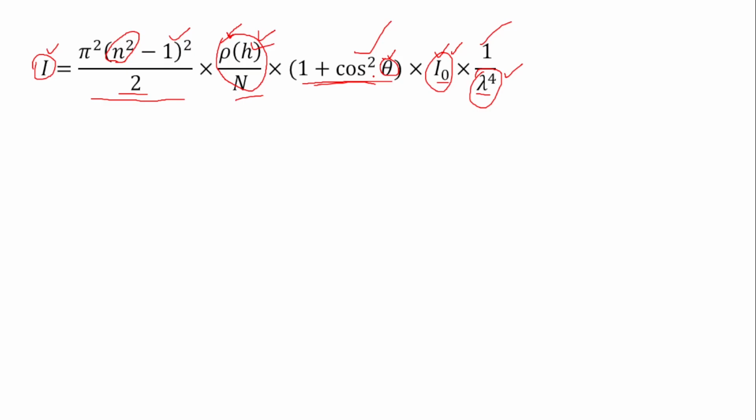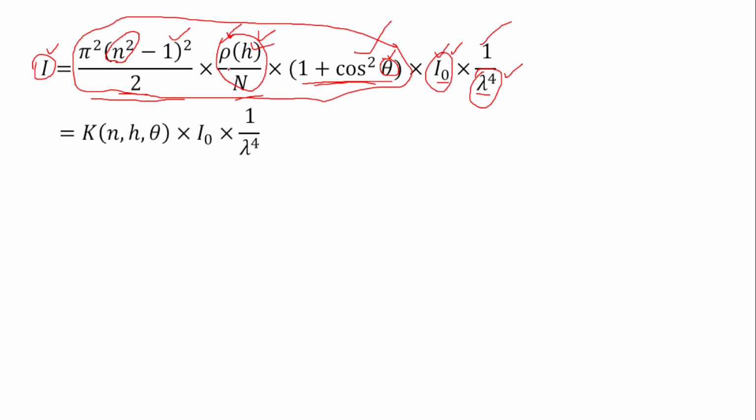So now I can treat the first term, the second term, and the third term as constant, and I rewrite this equation in a more understandable form by defining another parameter k, which is a function of index of refraction n, the height h, and the angular spread theta. So in the case of atmosphere and for visible spectrum, I can take this term almost constant.